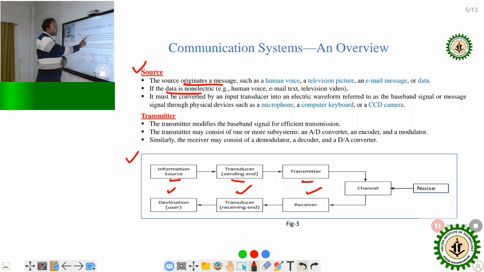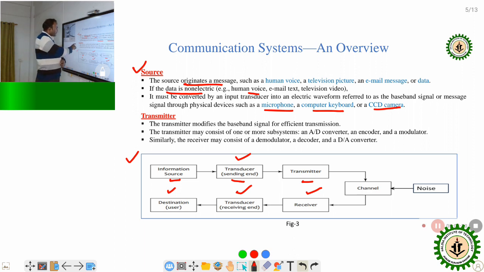If the data is non-electrical, such as human voice or email, you have to convert it to an electrical signal with the help of a transducer. Examples used here are the microphone, computer keyboard, and CCTV camera, which convert non-electrical signals to an electrical waveform. So these are some sources we can use for transmission.